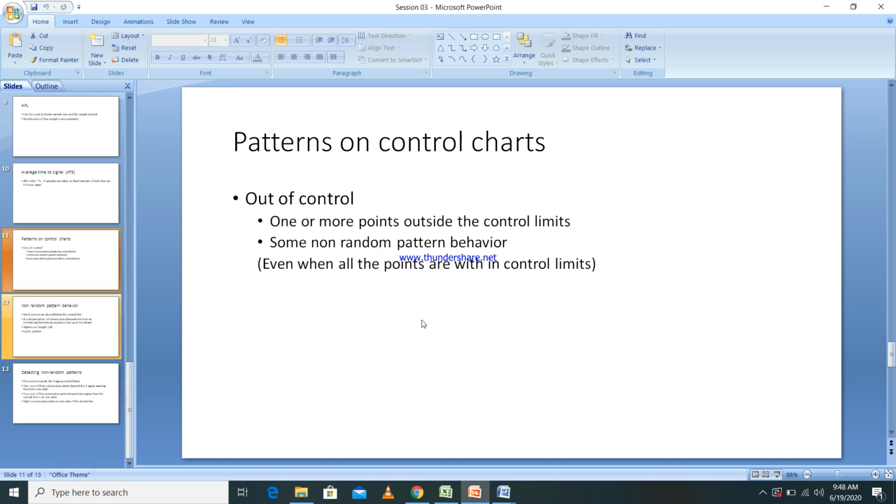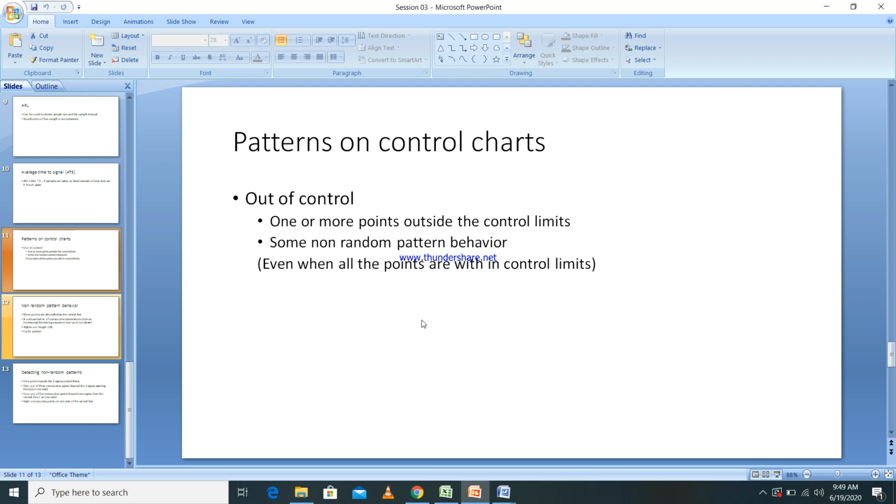When we observe control charts, you will see sometimes you get points beyond your control limits, and we say our control chart is out of control, right? Out of control can mean sometimes only one point is above or below the control limits. That is, one or more points outside the control limits, we call the control chart out of control.